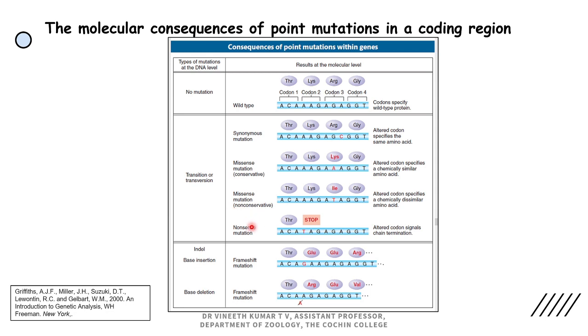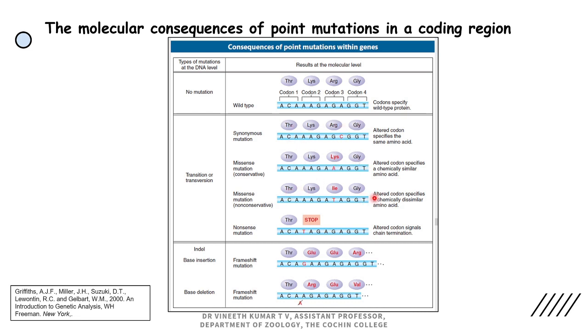So there are four different types of substitution mutations. One is synonymous, the second one is missense conservative, the third one is missense non-conservative, and the fourth one is nonsense. In all these three, apart from the nonsense mutation, even though there is a mutation, the number of amino acids formed is the same.